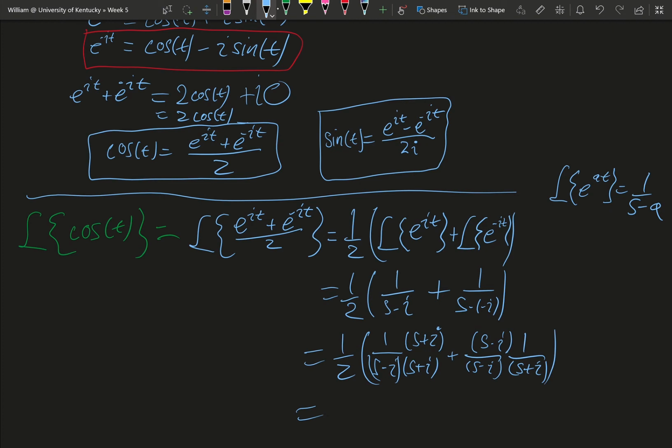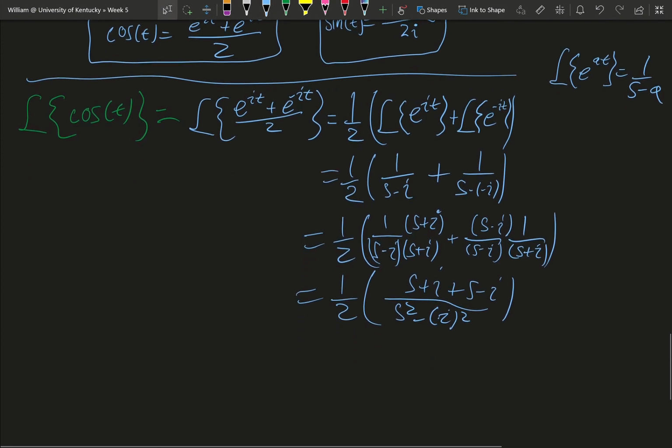If you look at what our denominator becomes, we should end up with s squared minus i squared. i squared, of course, is negative 1.